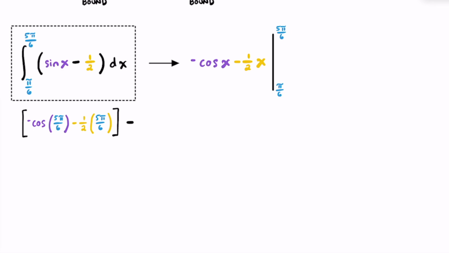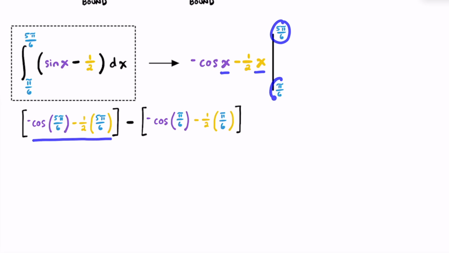Here's what that's going to look like. So first we put this 5 pi over 6 in for x in both of those locations, and then we took this pi over 6 and did the same thing, and we just took the difference of the two because we're doing that upper bound minus the lower bound.